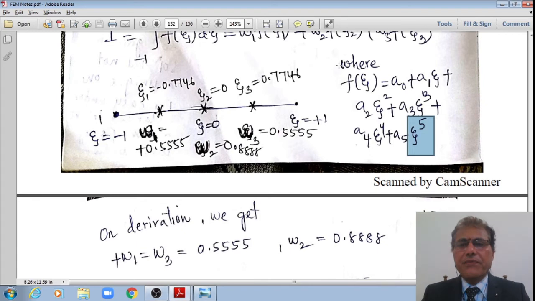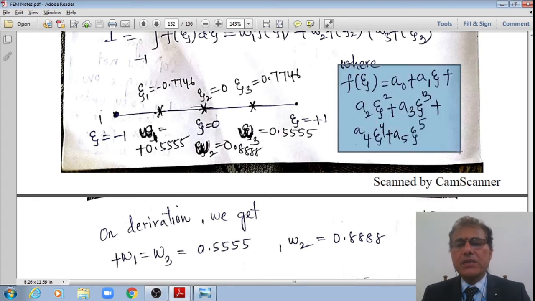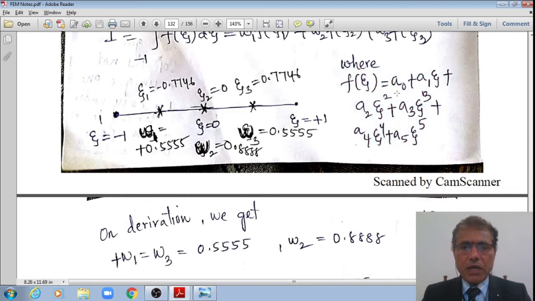That is how I am proposing f of xi is equal to a0 plus a1 xi plus a2 xi square, a3 xi cubed plus a4 xi to the power 4 plus a5 xi to the power 5. Therefore, in total, it has 6 constants and a fifth order polynomial function is proposed, right?